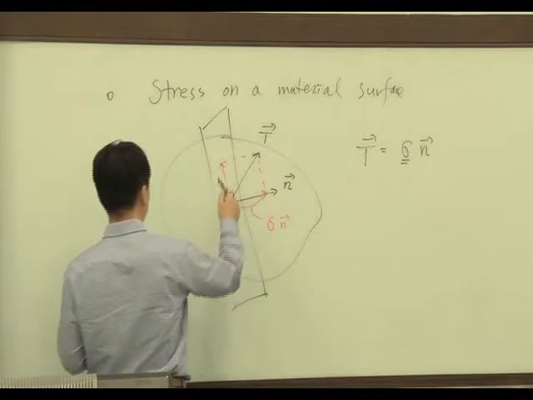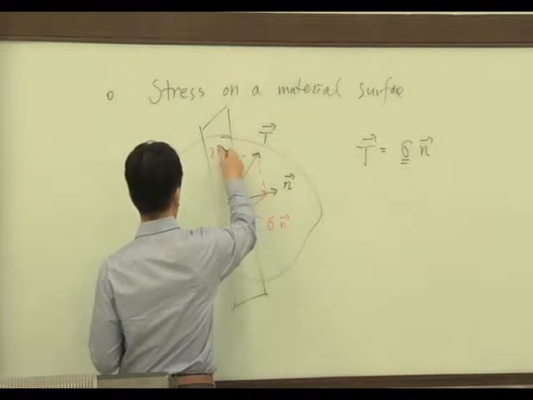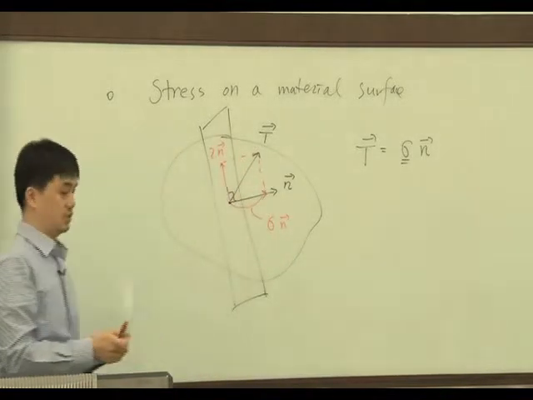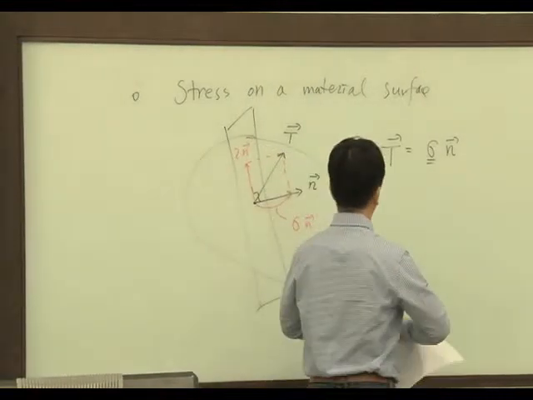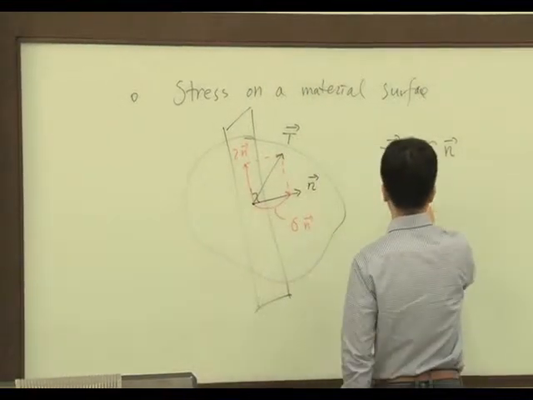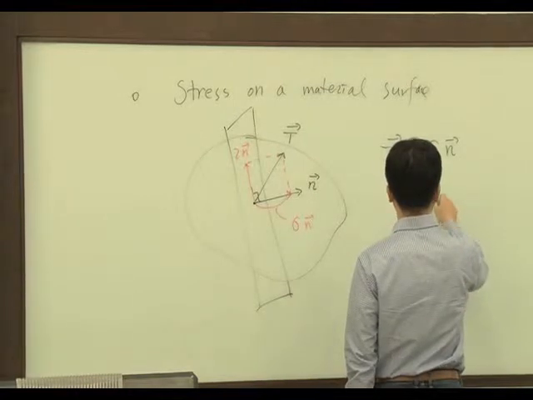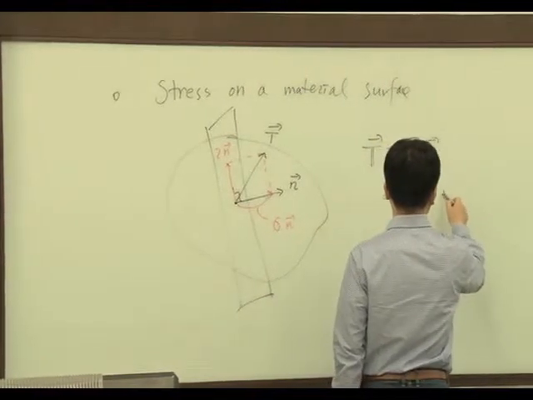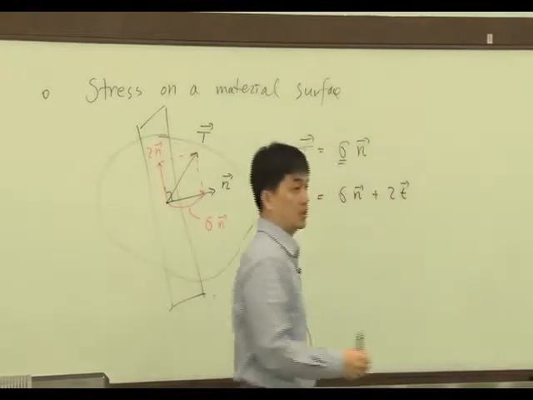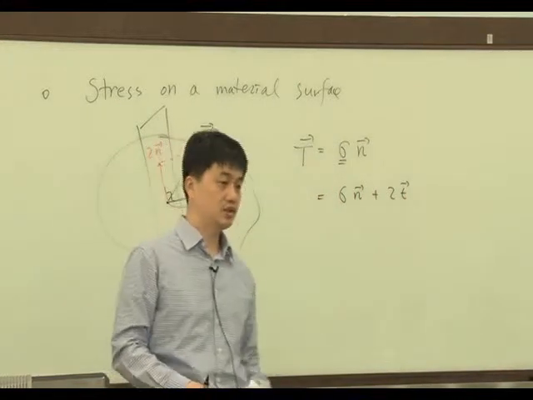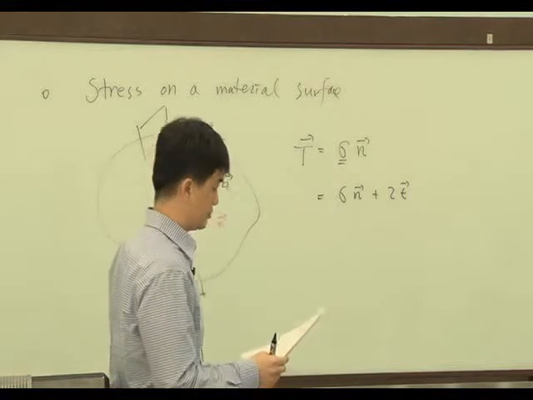The other is tau t, the tangential component. So T can be written as the normal component plus the tangential component, right? We can decompose it. This is just a simple vector operation.